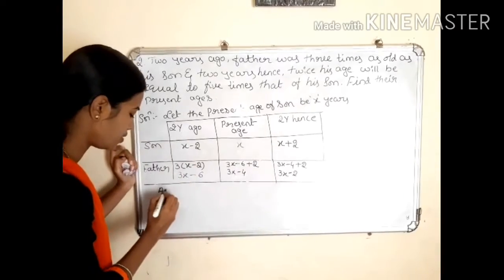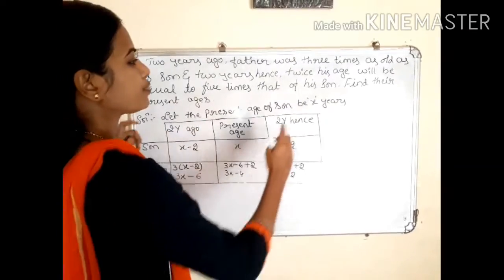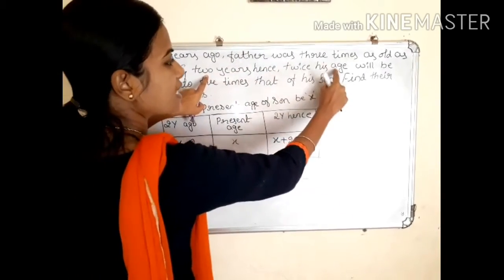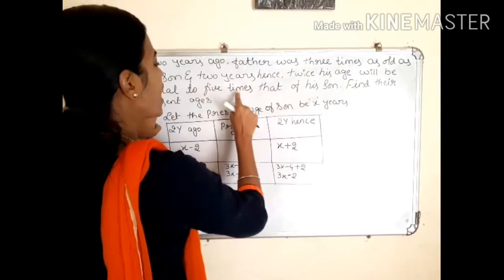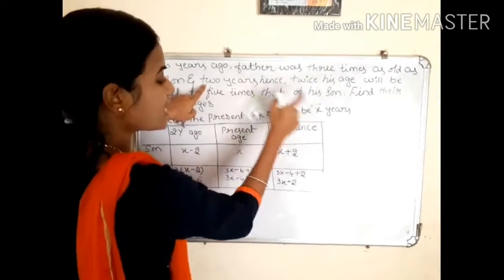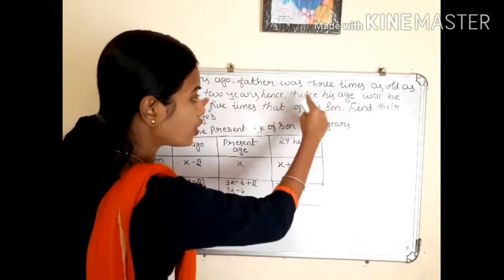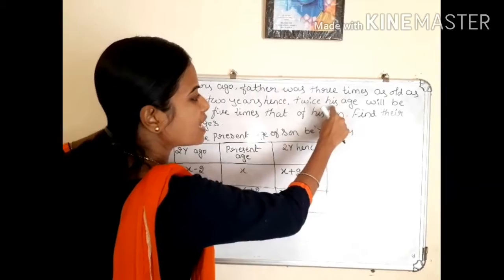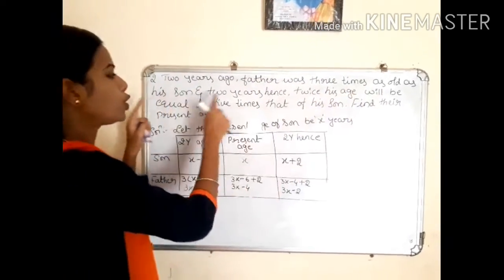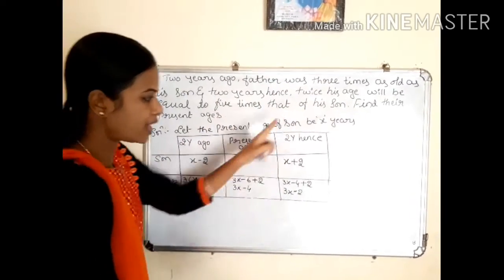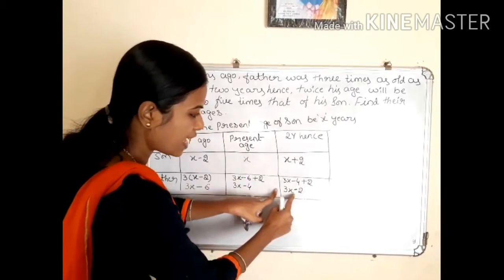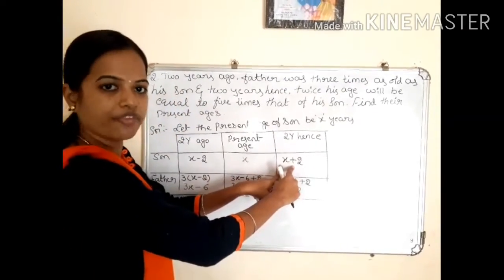According to the question, what does the question say? Two years hence, twice his age will be equal to 5 times that of his son. He is going to compare in the 2 years hence column: twice his age, his age meaning the father's age, equal to 5 times the son's age.